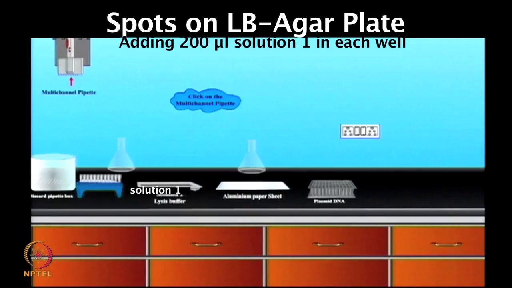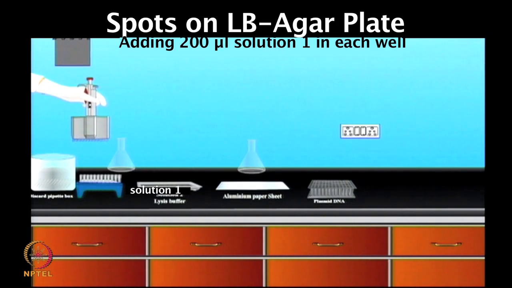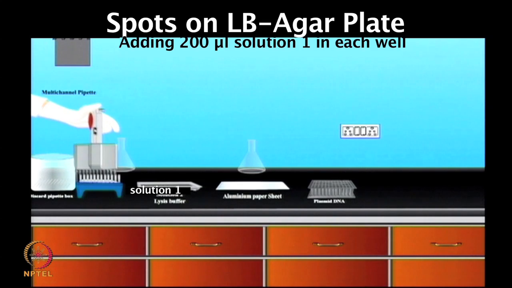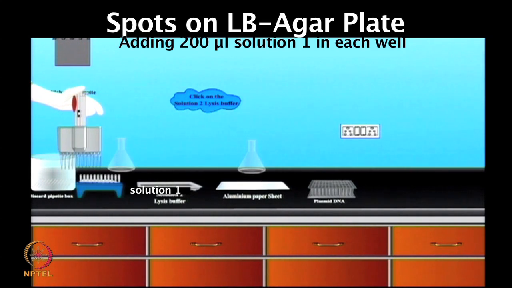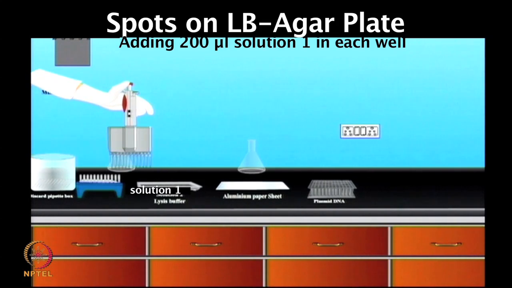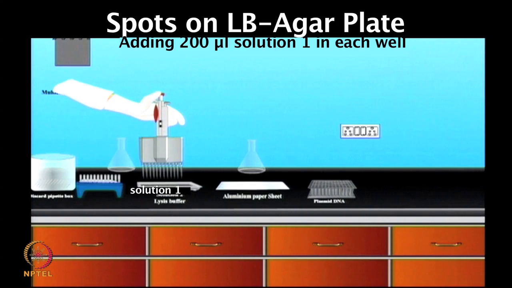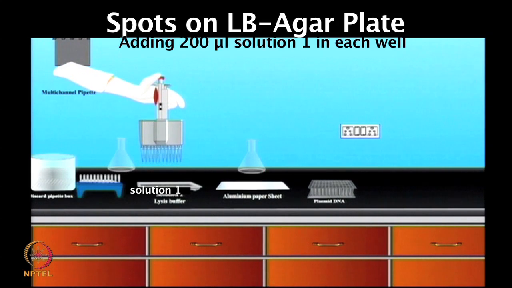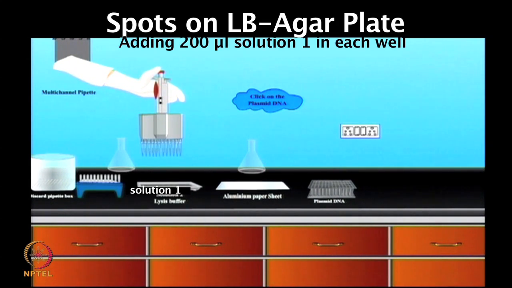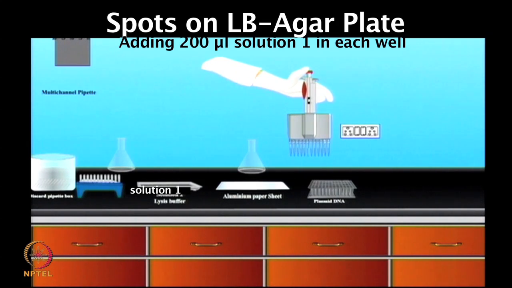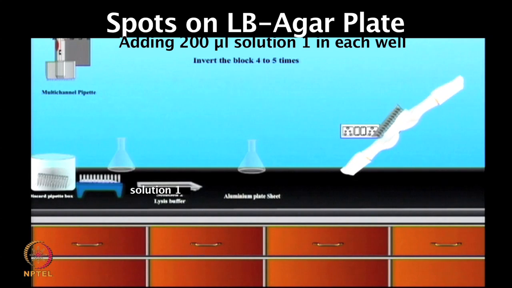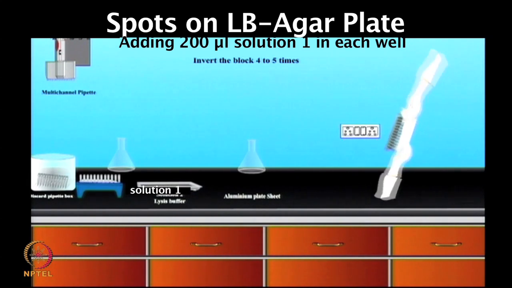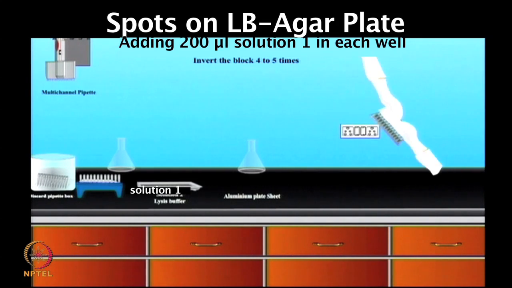After adding this solution, again repeat the same process of adding 200 microliters of solution 2 to each well, seal the plate and then invert the plate a few times. Once solution 2 is added, make sure that you invert the plate a few times.